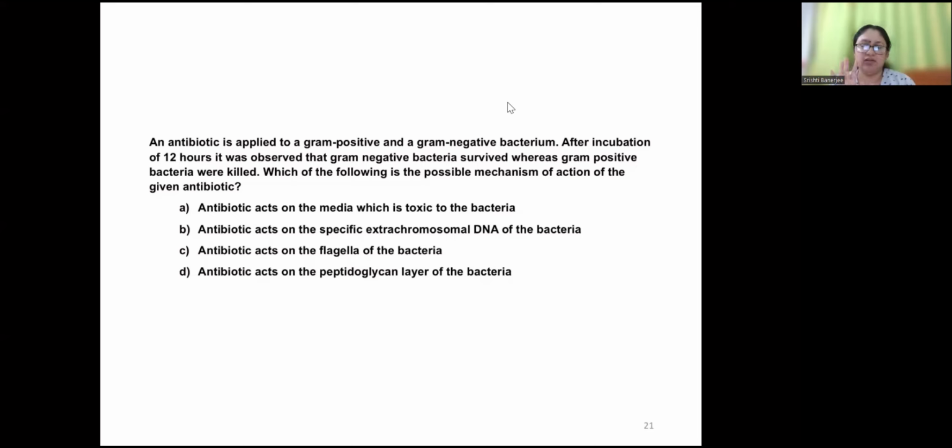Suppose it's a particular antibiotic which affects the peptidoglycan layer. So why are Gram positive bacteria more susceptible to the antibiotic because of the peptidoglycan layer?